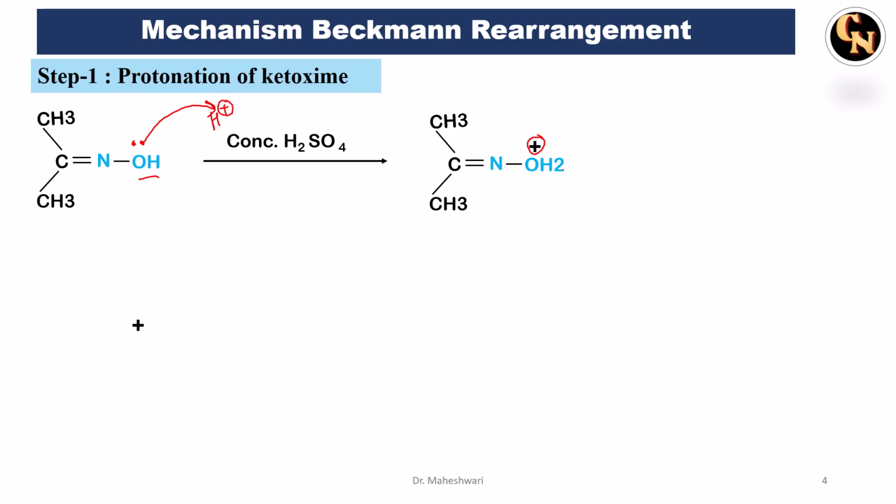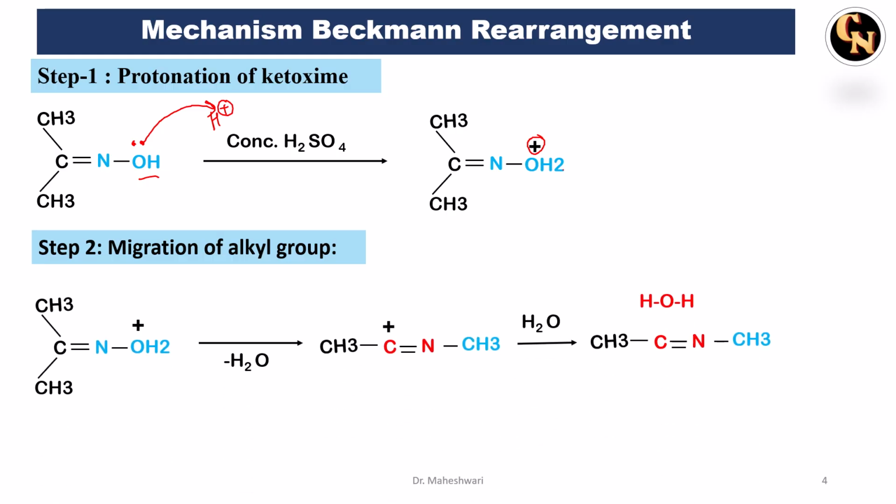Now the second step: after protonation of the ketoxime, a 1,2 shift takes place. We know that the group which is anti to OH gets shifted. So here this CH3 which is anti to OH is going to migrate.